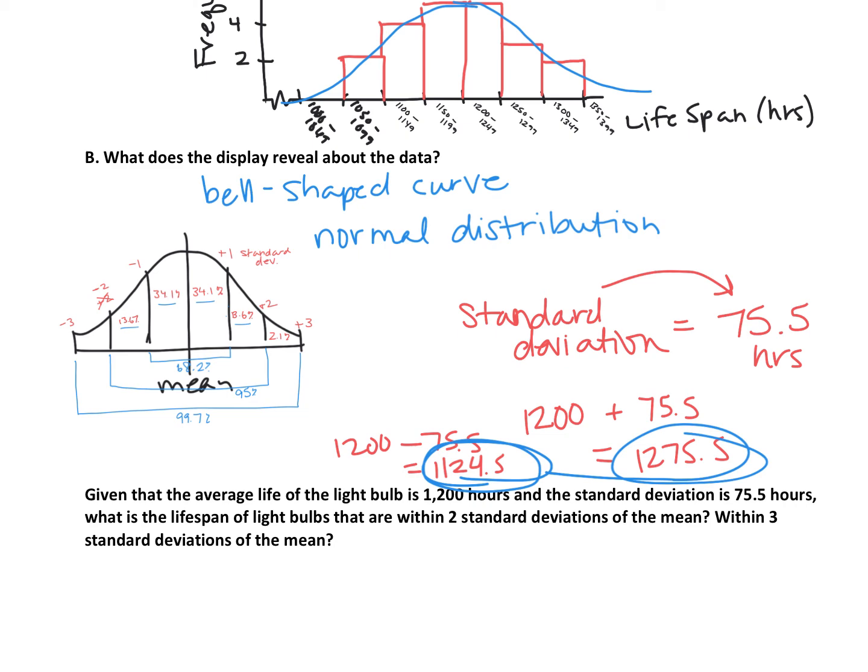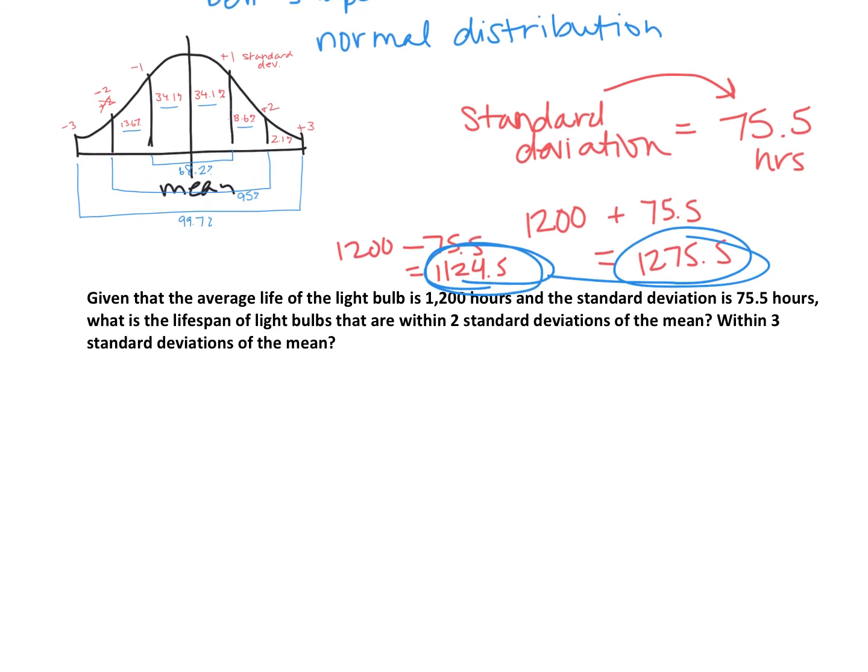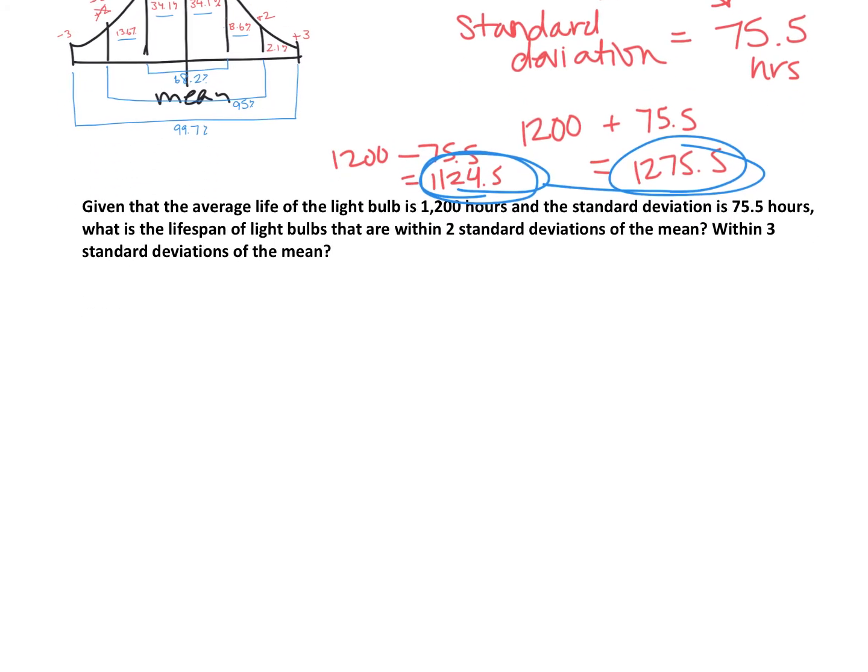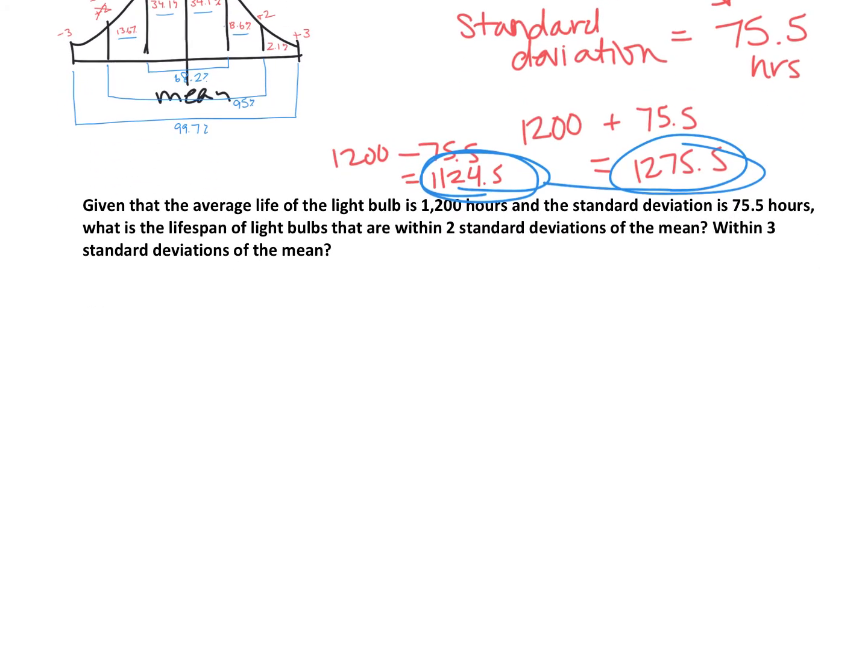All right, one more question to look at. It says, given that the life average of the light bulb is 1,200 hours and the standard deviation is 75.5 hours, what is the lifespan of light bulbs that are within 2 standard deviations of the mean or within 3 standard deviations of the mean? So here's kind of the way I visualize this. Our mean is 1,200. The standard deviation is 75.5 hours.